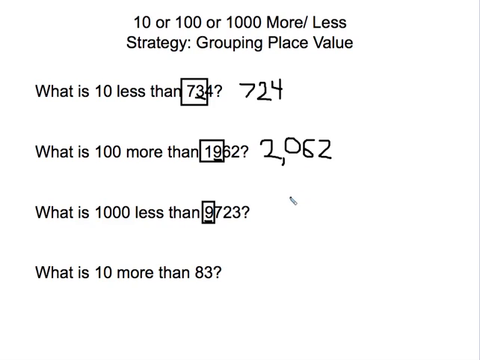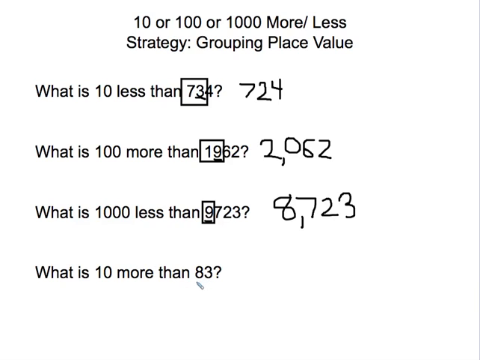That's going to leave me with 8,000. I'm not changing my hundreds. I'm not changing my tens. And I'm not changing my ones. So that 723 just goes for the ride. I figured out that 1,000 less than 9,723 is 8,723.